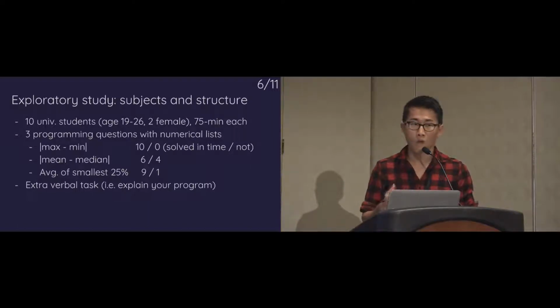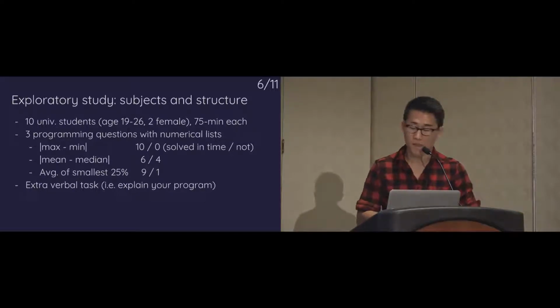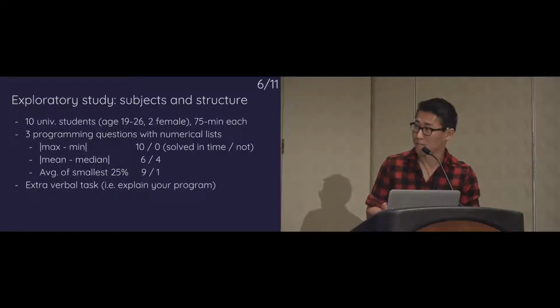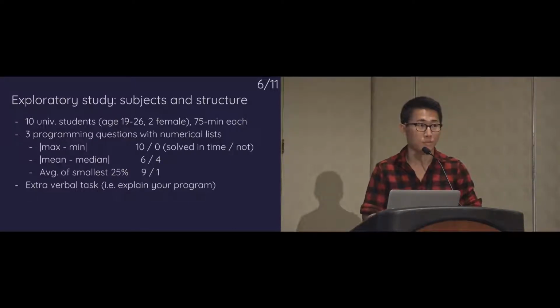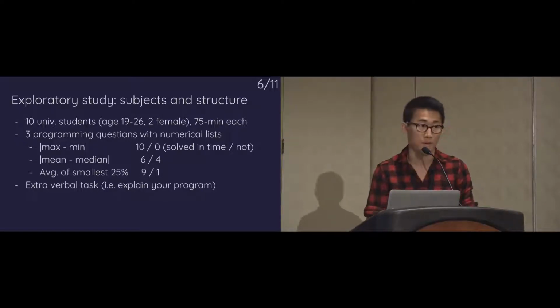If students solved all 3 problems in time, they were given an extra task of verbally explaining the behavior of their programs. These are the 3 questions that we used in the study. One, computing the difference between the maximum and the minimum of a given list. Second, computing the difference between the mean and the median of a given list. Third, computing the average of the smallest 25% values of the list.